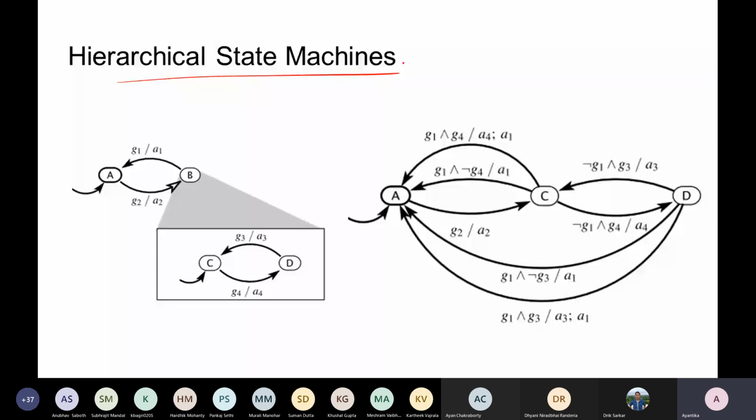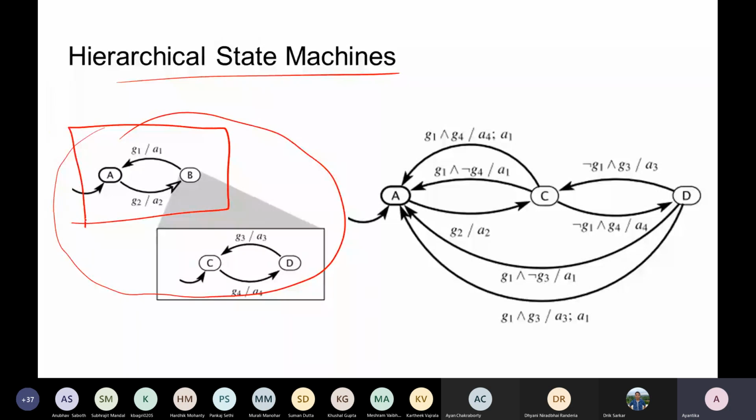Now, if we are going to decompose this type of hierarchical state machine, see, this is my initial state machine, where I have two states, A and B. Based on transition condition G2, if that is true, I can make a transition from A to B. And if my state is B, I can make a transition to A if transition condition G1 is true, right?